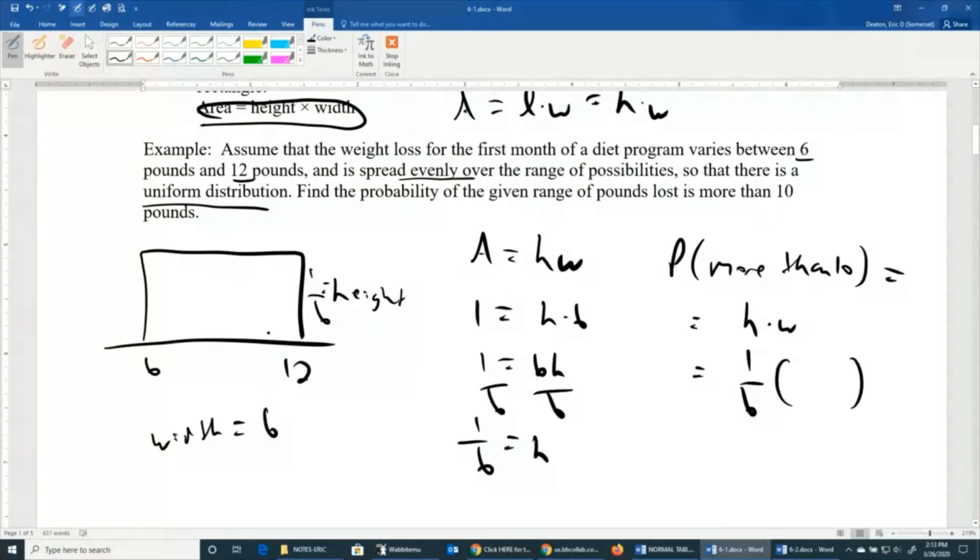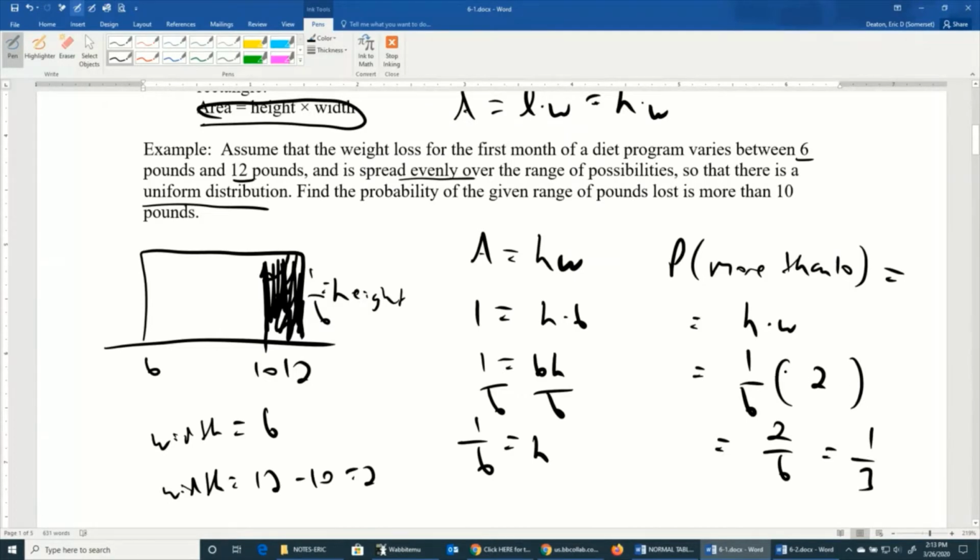More than 10, if I put 10 right there, it's going to be that rectangle right there. So it's not the whole rectangle, it's just a portion of it. From 10 to 12, the width is 12 minus 10, which is 2. So if you multiply straight across, it's going to be 2 over 6, which reduces down to 1/3. That's the probability, 1/3. So if you ever see uniform distribution, think of rectangles.